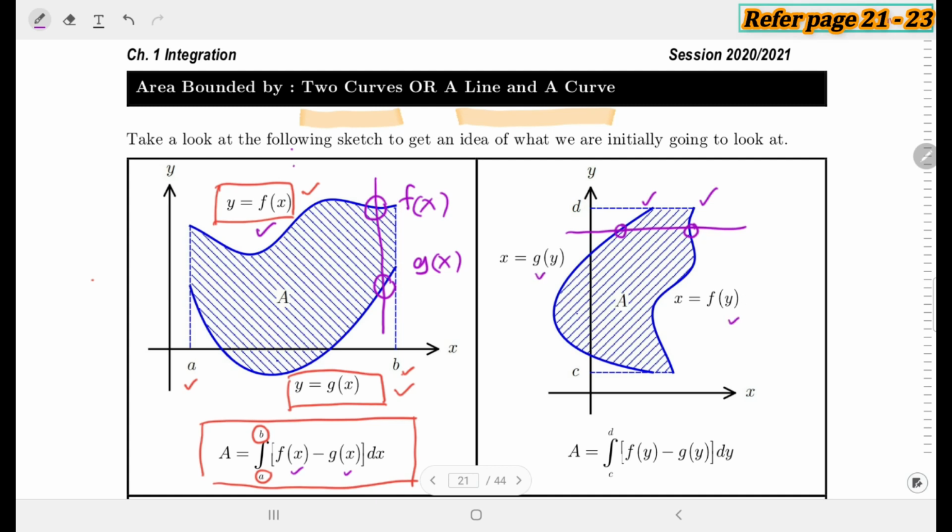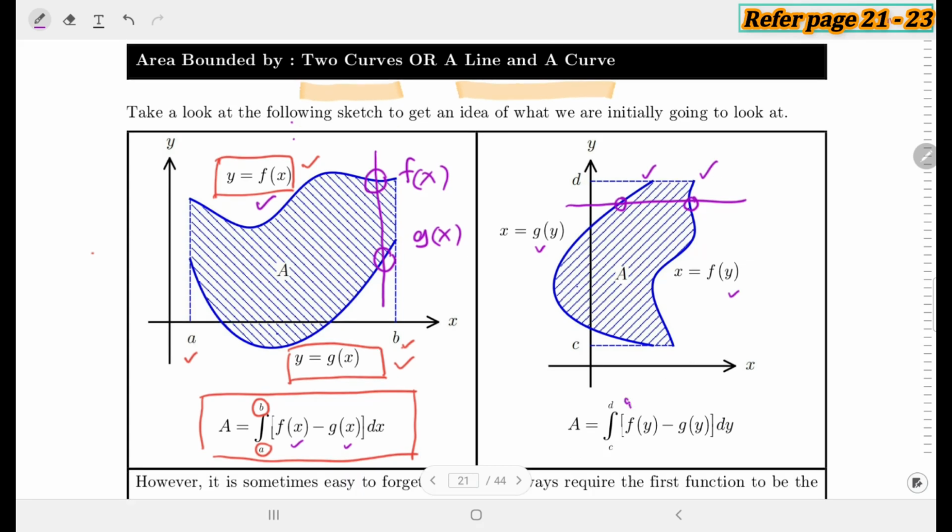So f(y) is the right function, while g(y) is the left function. The same thing, the limits are taken from c to d. The integration from c to d of f(y) minus g(y), the most right function minus the left one, because we are referring to the y-axis.